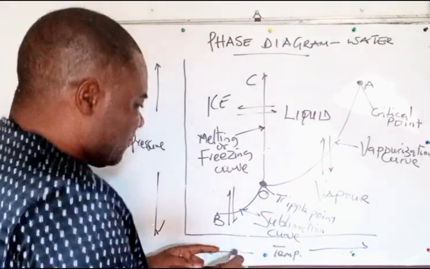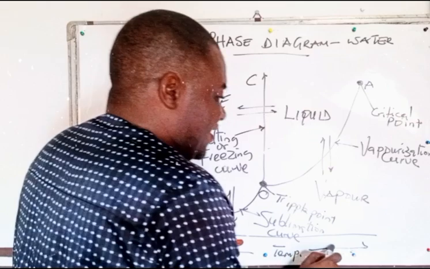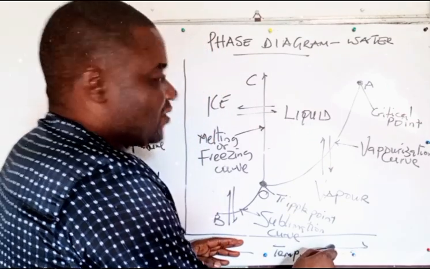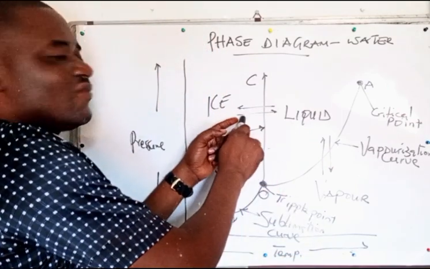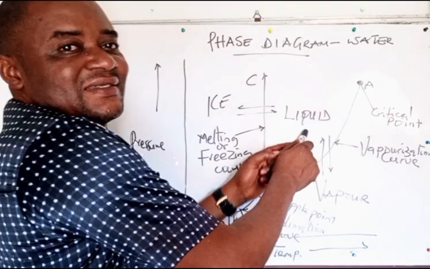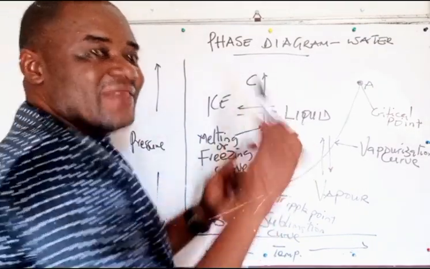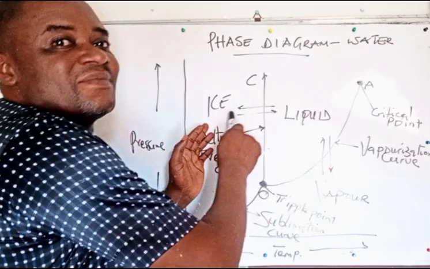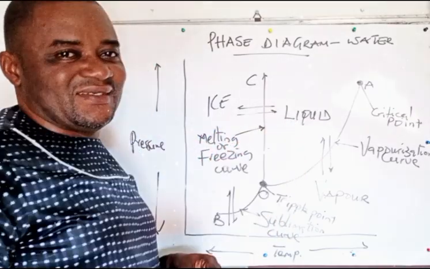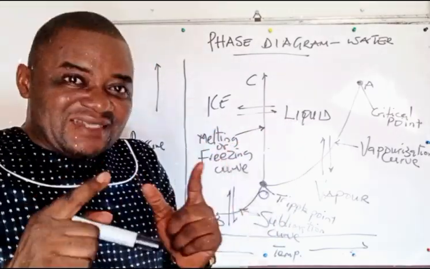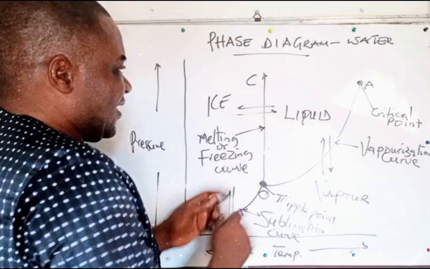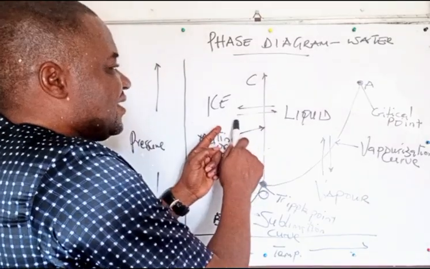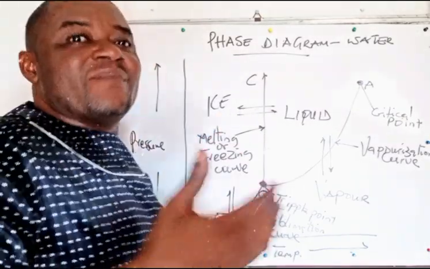So if the temperature increases, the equilibrium will favor the liquid side. Therefore, the ice will start melting to form the liquid. It means that the temperature at which this ice has started melting is above what?